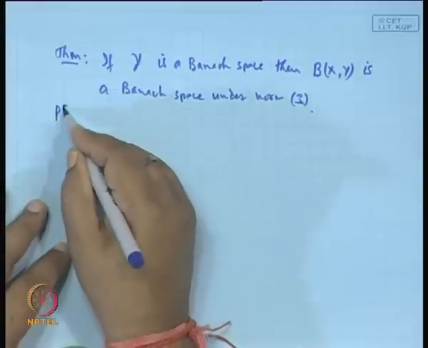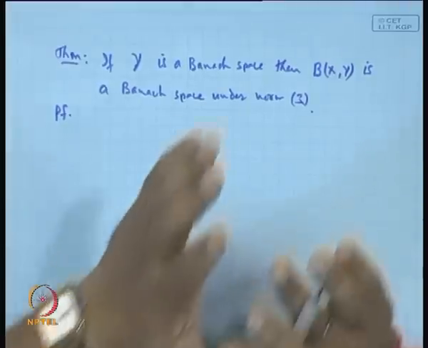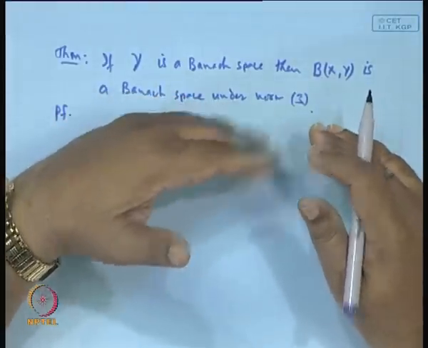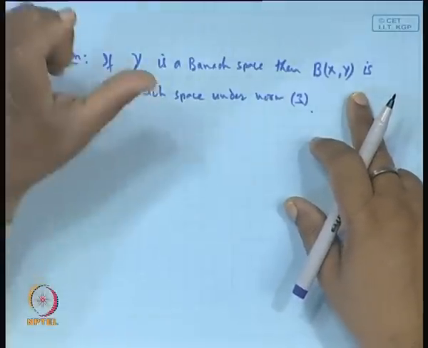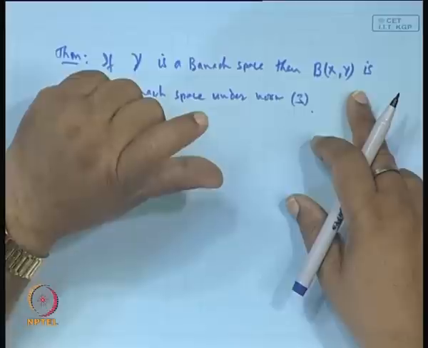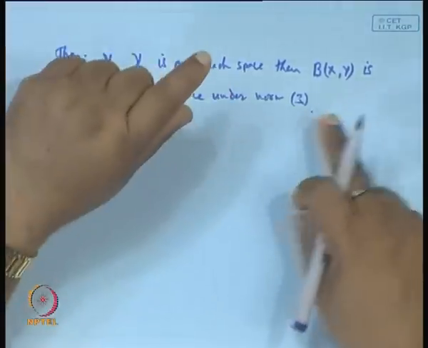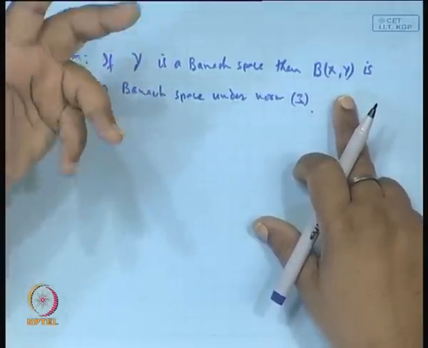So, what is required to show here? If Y is Banach, you want B(X,Y) to be a Banach space. It means you consider a Cauchy sequence of bounded linear operators in B(X,Y), and if that Cauchy sequence converges to an operator which is also bounded and linear, and convergence is in the norm of B(X,Y), then it is a complete normed space.